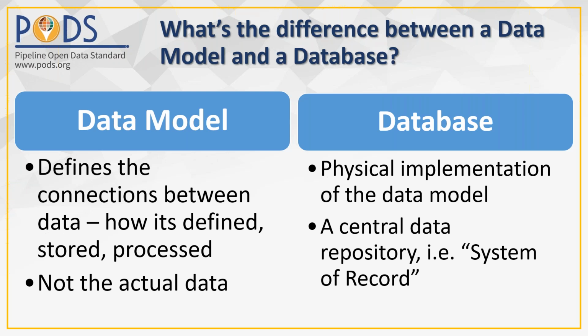The data model is going to define what tables get connected together, how data is going to be accessed and processed and updated, and so on. So there's really no data stored in the data model, but it's the blueprint, if you will, for how that database and the data within it are going to act, how it should be treated.